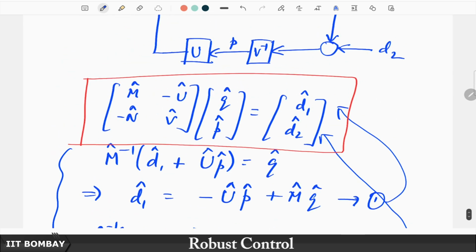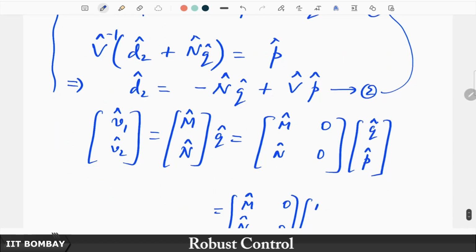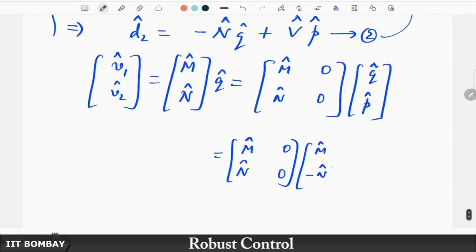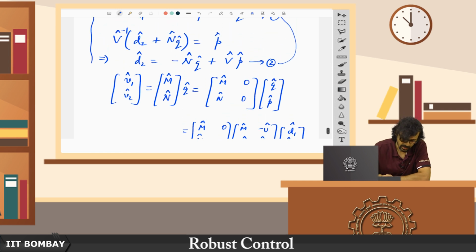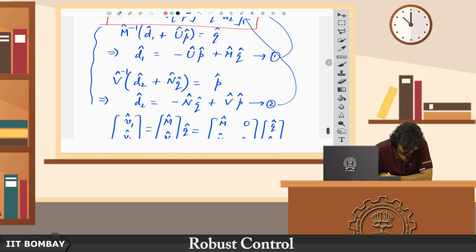That is nothing but the inverse of this fellow. So it is m hat, minus n hat, minus u hat and v hat, times d1 hat, d2 hat. But what does that tell us? Sorry, I think I should have written an inverse here, no?